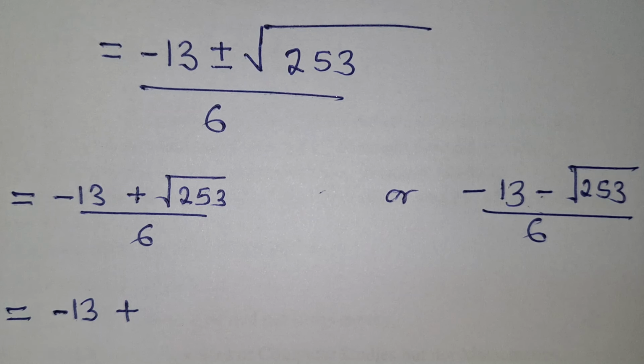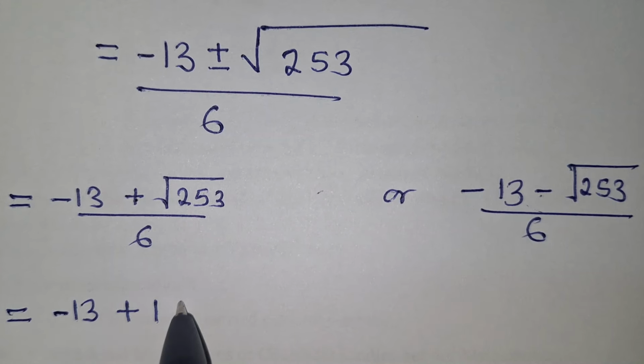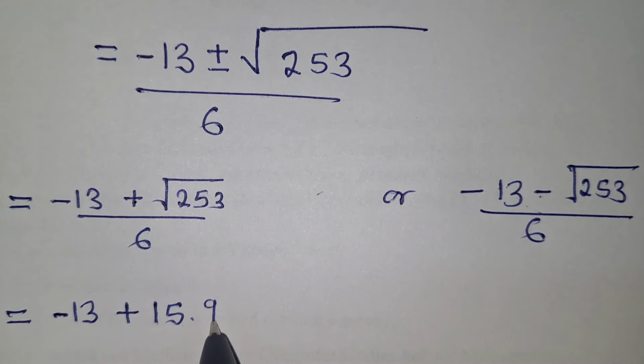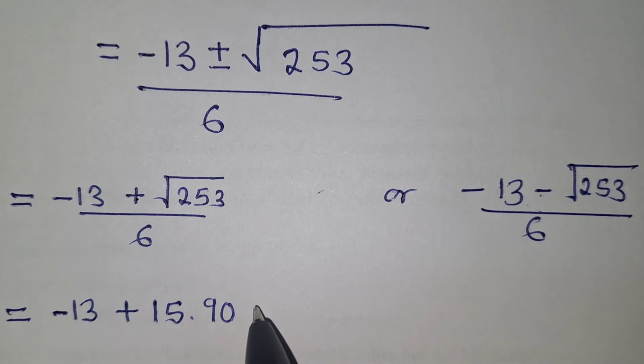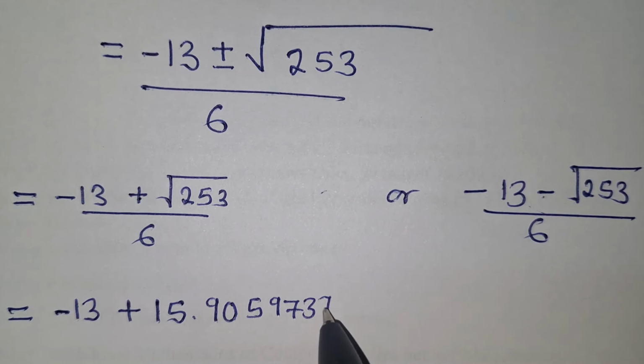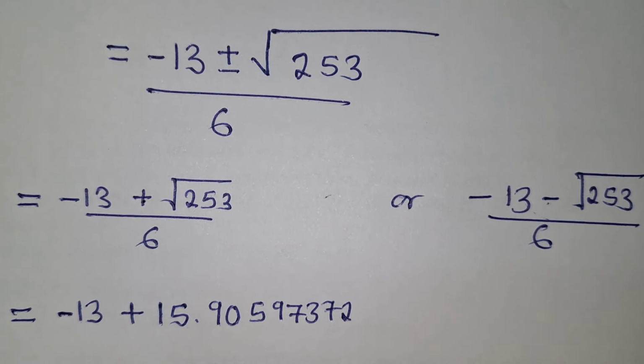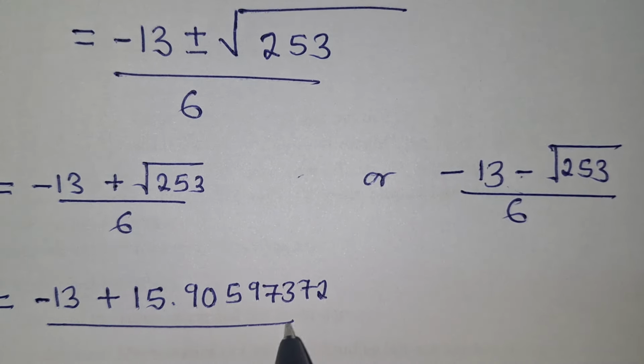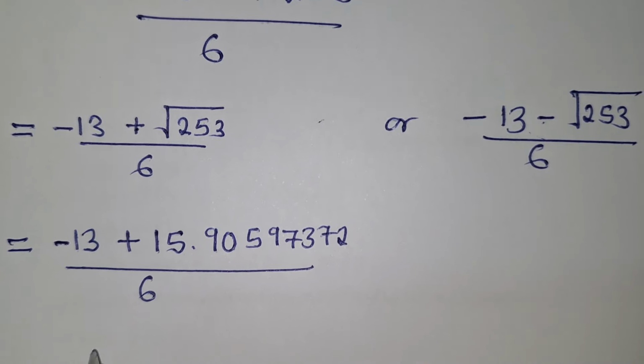253 is going to be 15.90597372, and then everything here over 6.